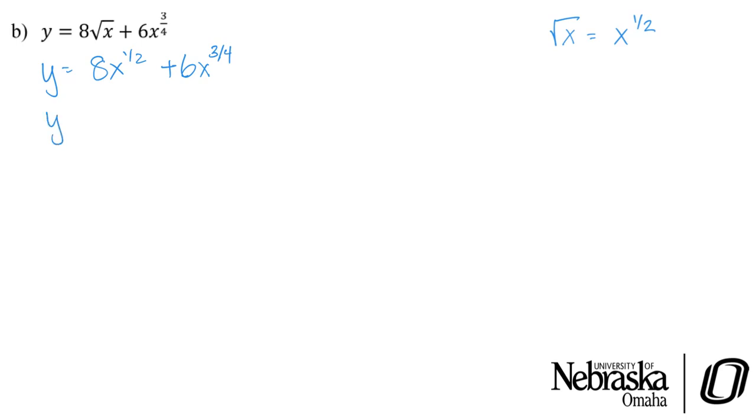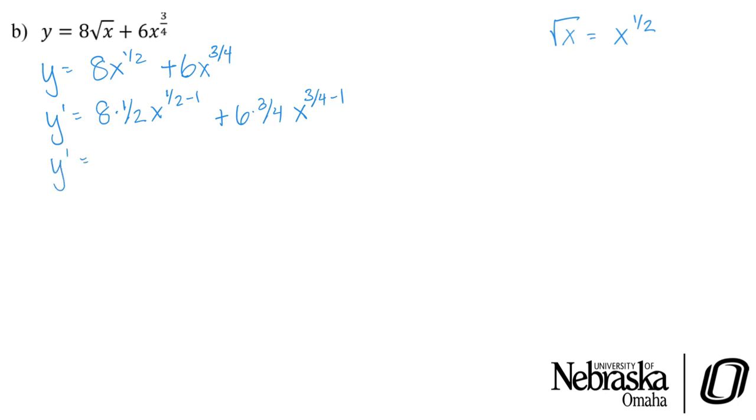When we take the derivative, we do the same thing. We multiply the exponent in front and then subtract 1 from our exponent. So the 3/4 and the 1/2 are getting multiplied in front, and we are subtracting 1 from each of the exponents.